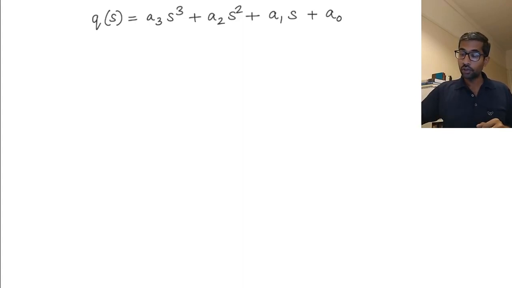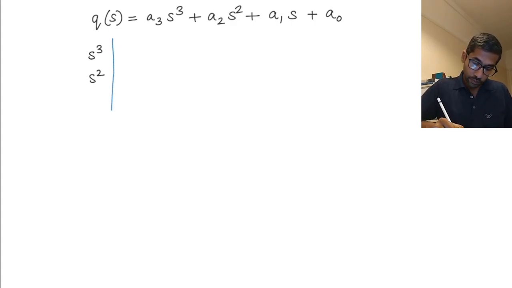Okay, so we start by forming the Routh array, and the highest order here is S cube. So I'm going to write S cube and S square on the left hand side of my Routh array. Actually if you want you can just fill this up. It's going to be s to the power 1 and s to the power 0.